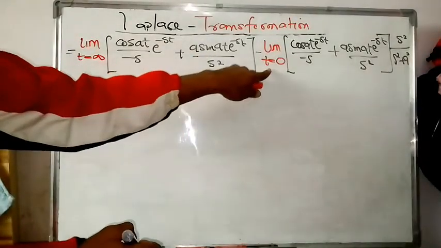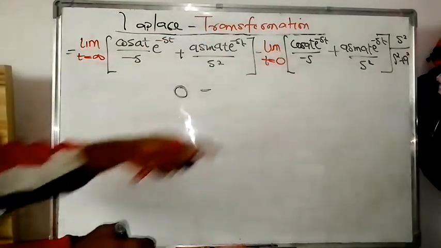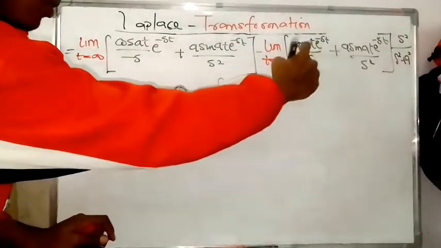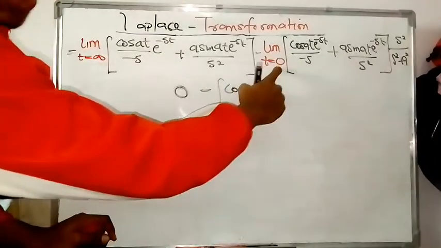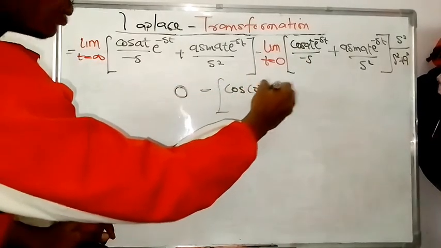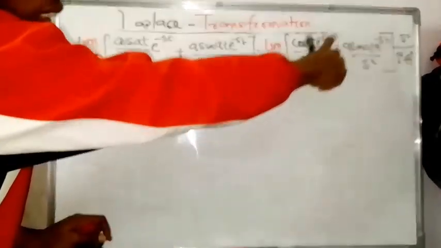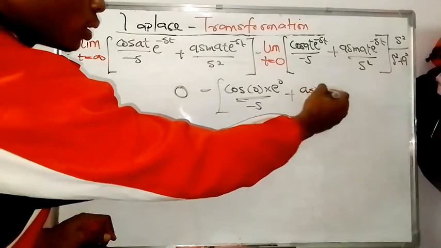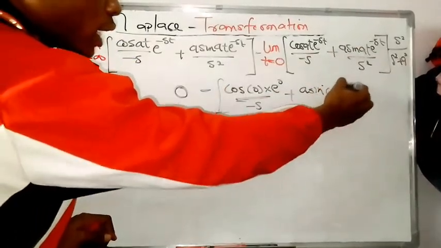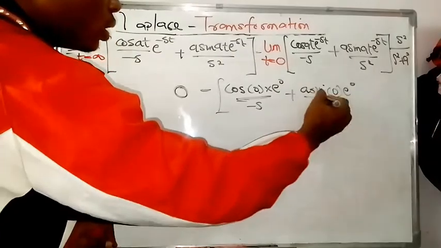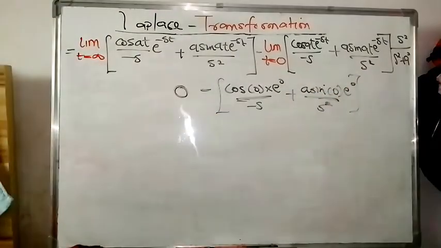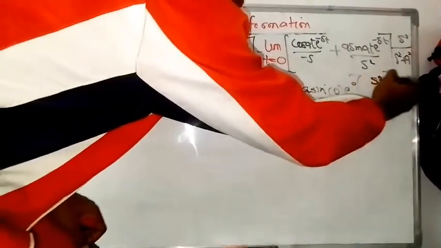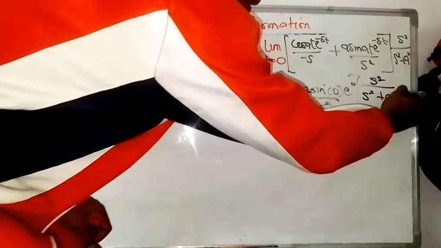Minus, taking my limit when t tends to 0. Let's actually work it out. This is cos 0 times exponential 0, because there's t here, divided by minus s plus a sine at, with exponential 0, divided by s squared, then times s squared divided by s squared plus a squared.